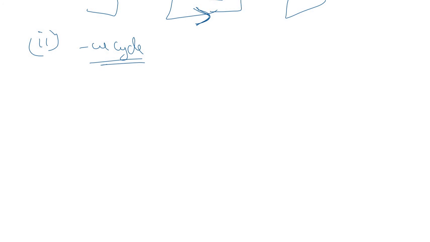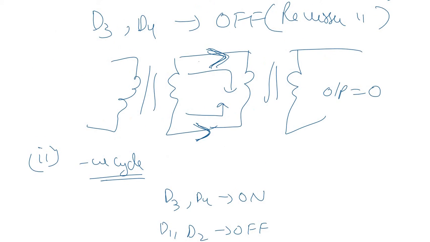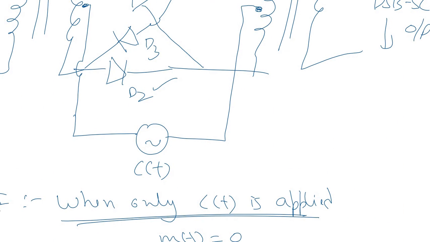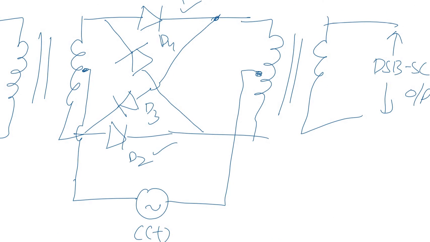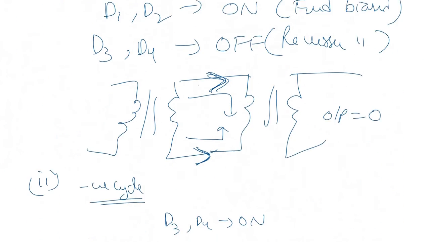For the negative cycle, you will analyze that D3 and D4 are forward biased or on, and D1 and D2 are in the off condition. When there is negative cycle of the carrier signal, D1 and D2 will be off or reverse biased and D3 and D4 will be on, which is quite intuitive, right?